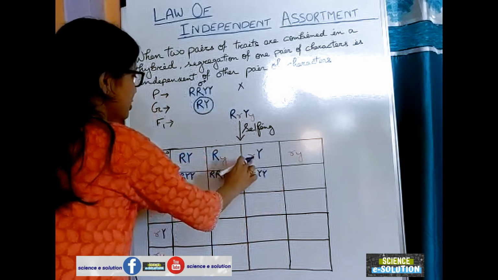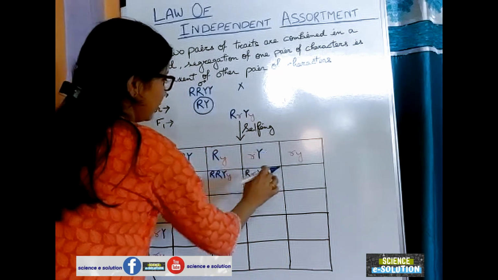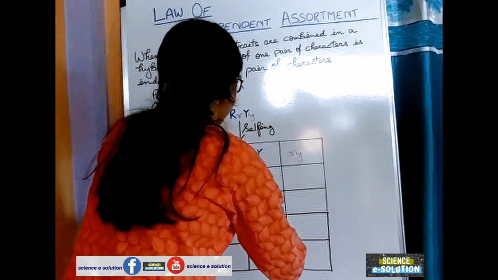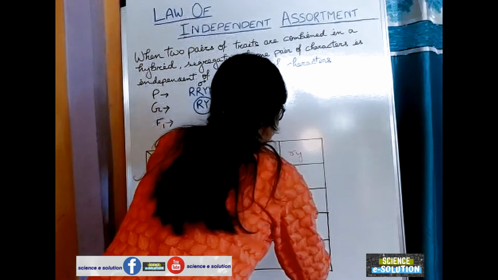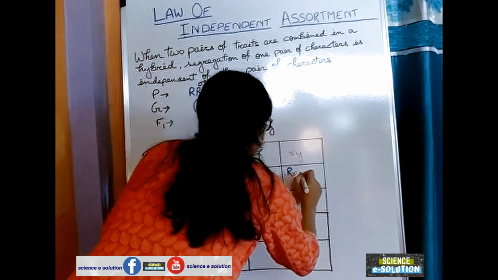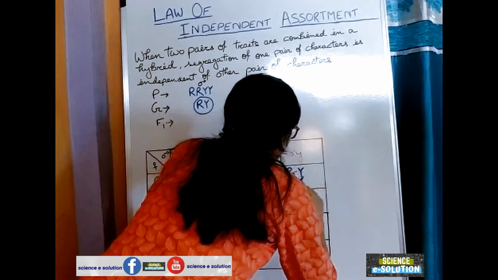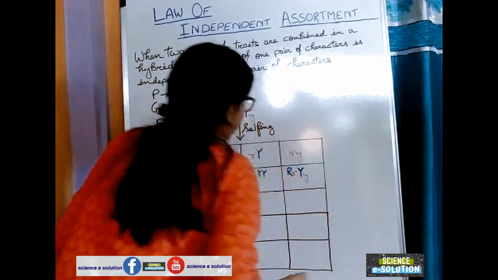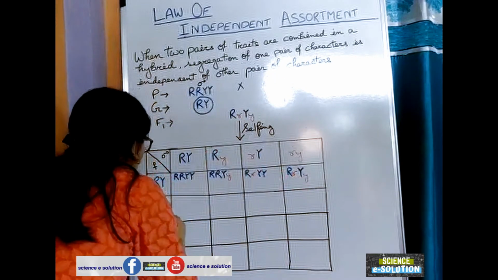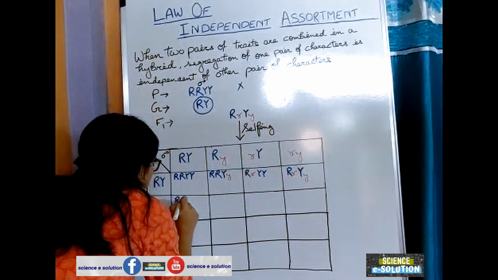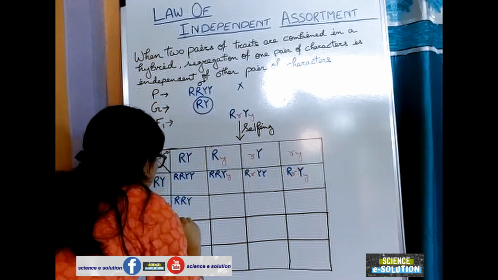Here capital R, small r, capital Y, small y. Here it will be capital R, small r, capital Y, and small y. Clear? Similarly, you go on making this: capital R, capital R, capital Y, small y.